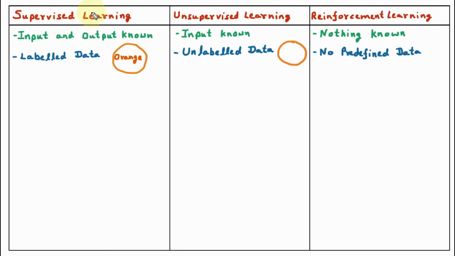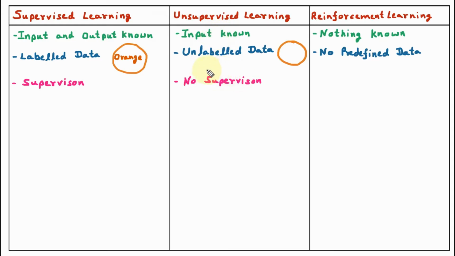In supervised learning, we have supervision. So there is a trainer available that is going to train the model because we know the input, we know the output. The trainer supervises the algorithm so that input can be mapped with the output. In unsupervised learning, there is no supervision.